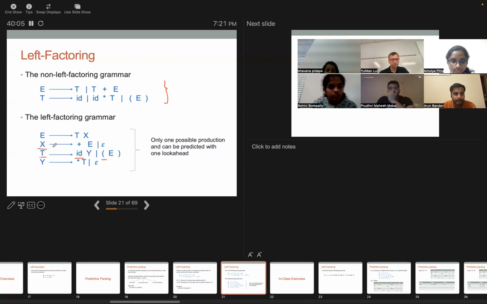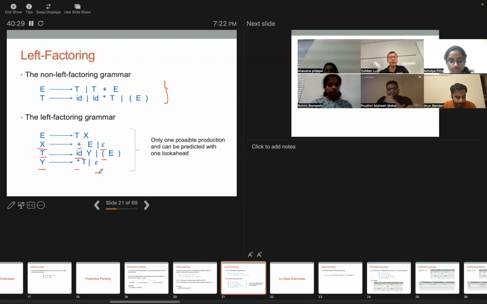X here is a plus or epsilon. You either have a plus sign or nothing. So with one look ahead, I know which route I should take. Okay. And same for Y, it is a star or epsilon.